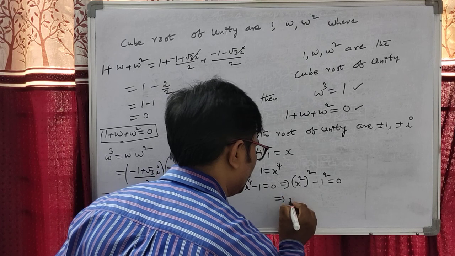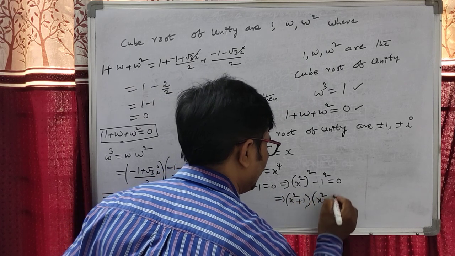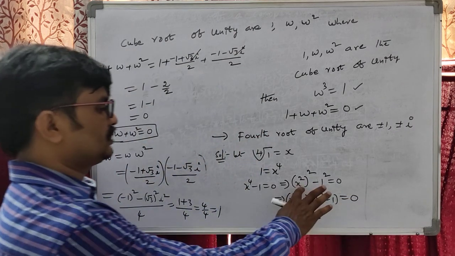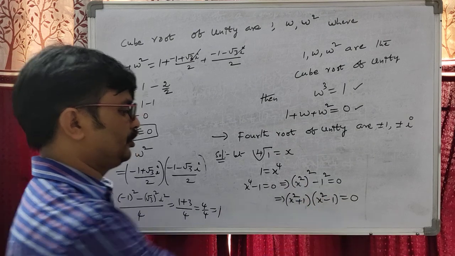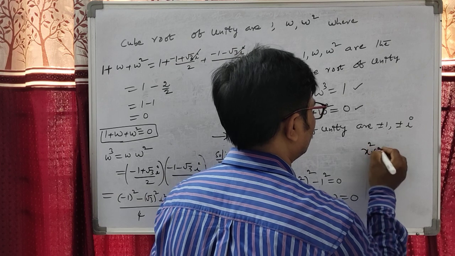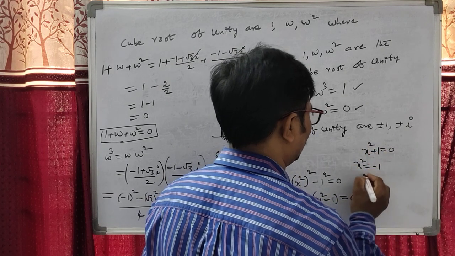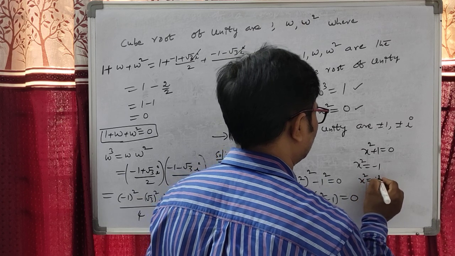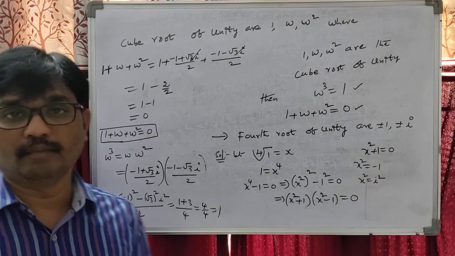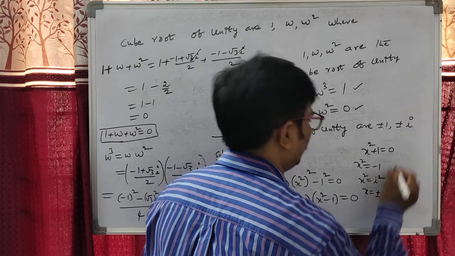So the first factor is x square plus 1 equal to 0, x square equal to minus 1, which is i square. Therefore x equal to plus or minus i.